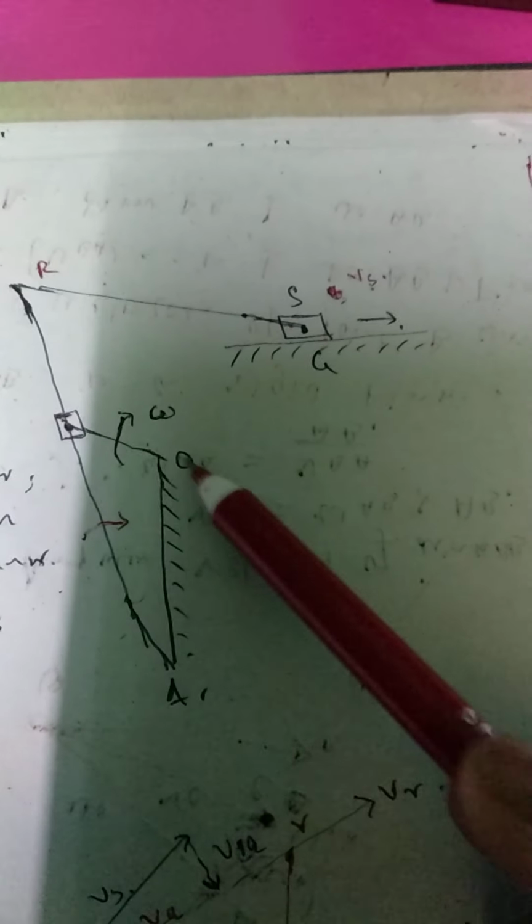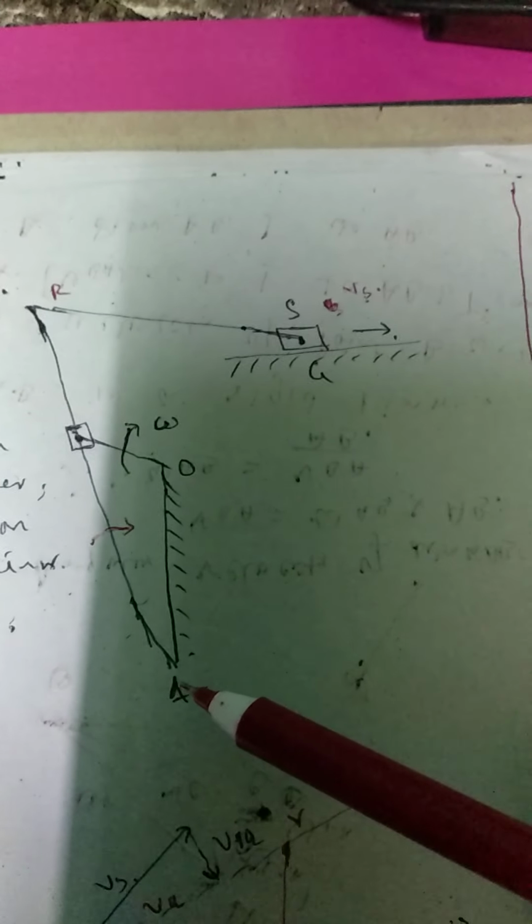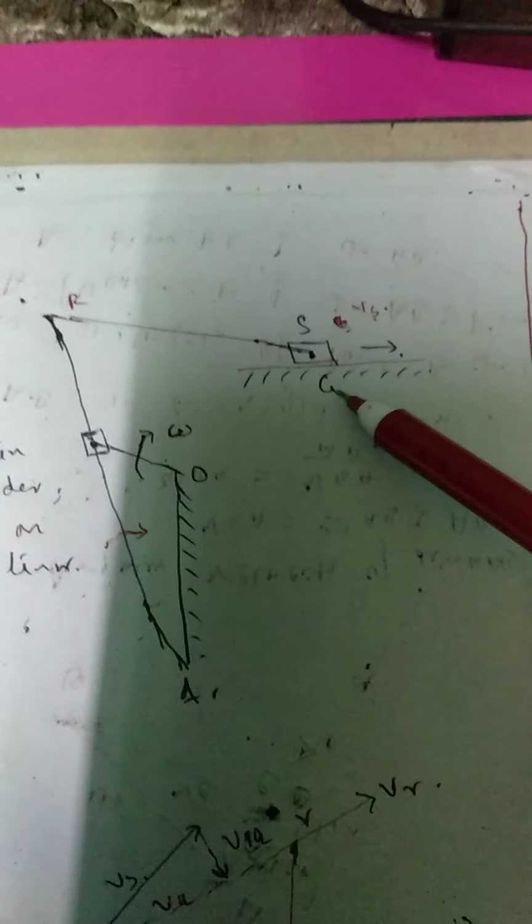We will fix the fixed points of this mechanism. The fixed points are A, O and this G, which is grounded. So we will write all these fixed points over here, O, A and G.